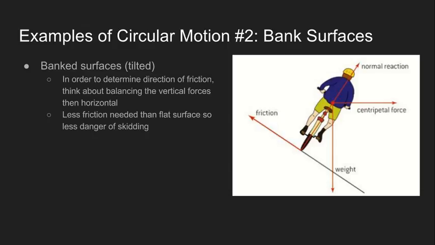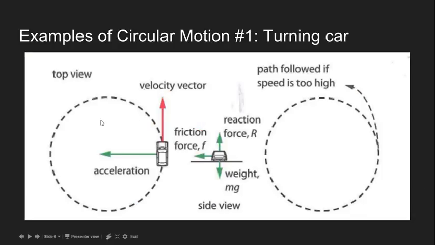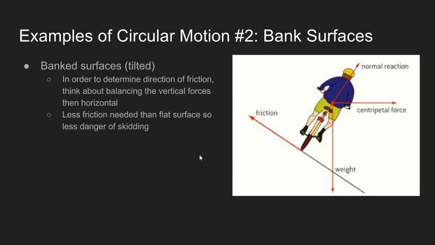on banked surfaces. It's actually kind of weird, because if you remember from this example, the frictional force is actually our centripetal force. But in the second example of circular motion, friction is working in the direction opposite of our centripetal force.